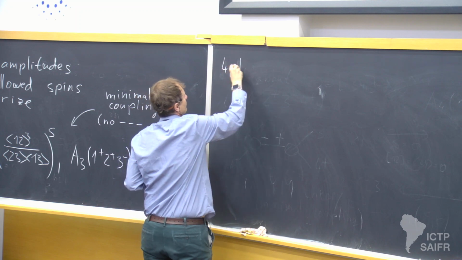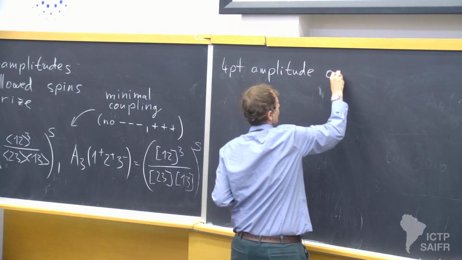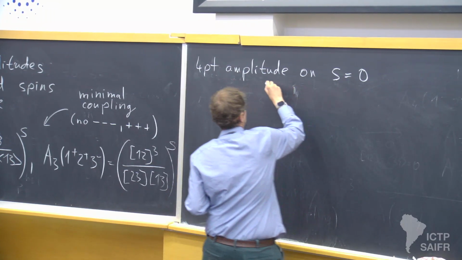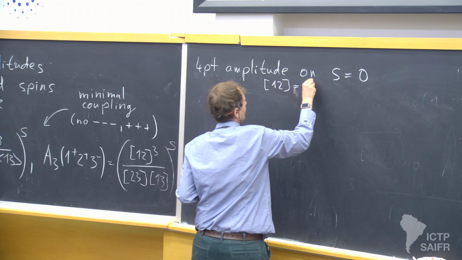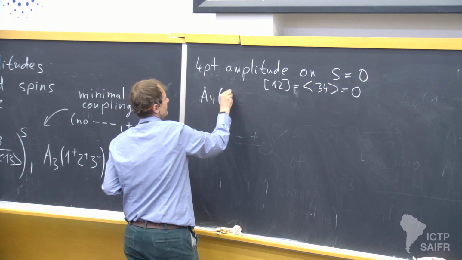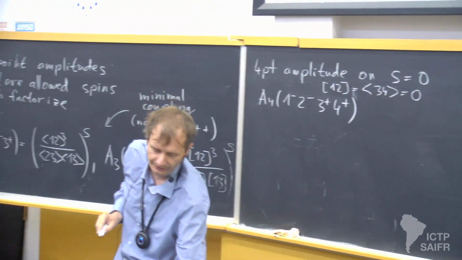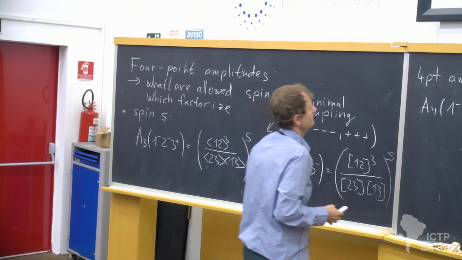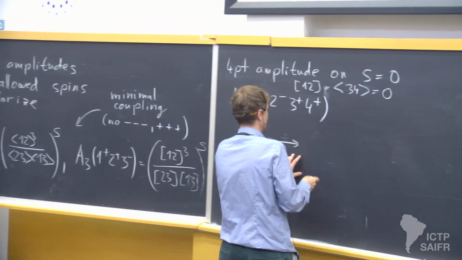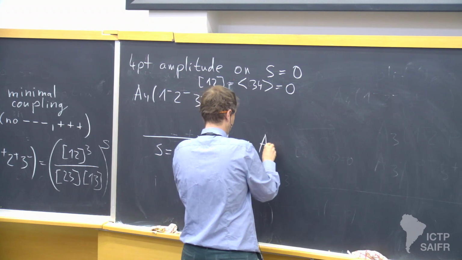Now the 4-point amplitude on the S pole, again picking the 1, 2, 3, 4 solution. The 4-point amplitude has an assignment 1 minus, 2 minus, 3 plus, 4 plus, but it's a spin S, not necessarily spin 1. So on this S pole, it must factorize, from what we had before, as 1 over S, that's the pole, times a 3-point amplitude.